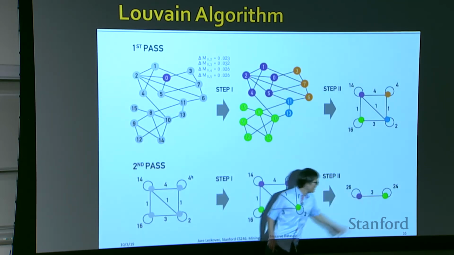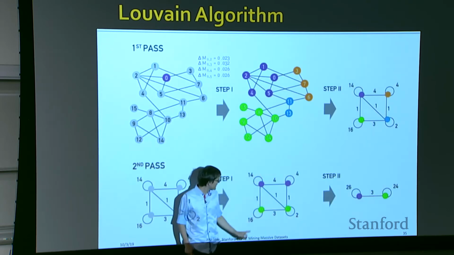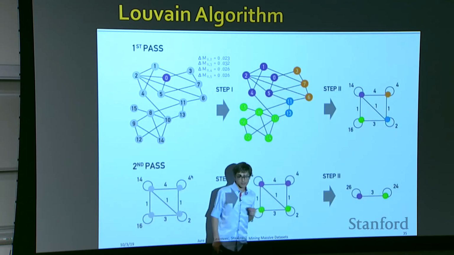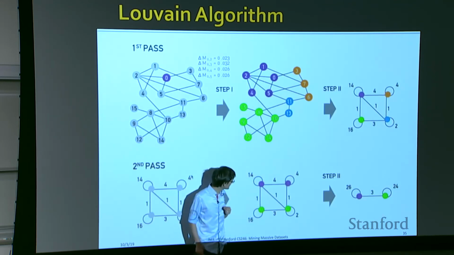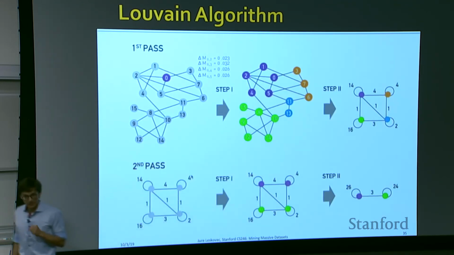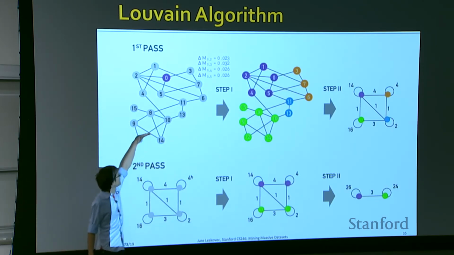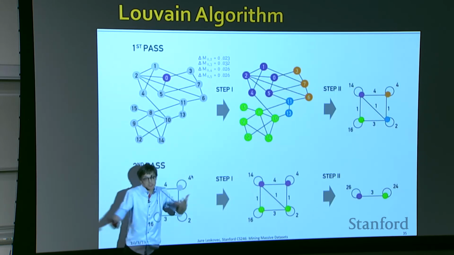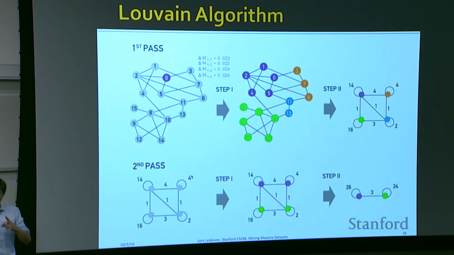This should be a sum of this plus that. You just sum up the weights, and if the graph is unweighted, everything has weight 1. If you have weights, then you just sum them up. Okay, let me continue. Thank you for the questions.